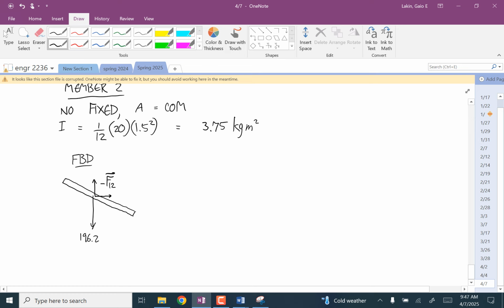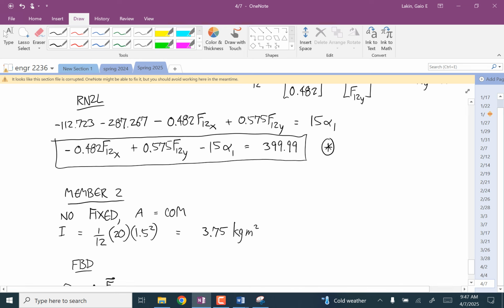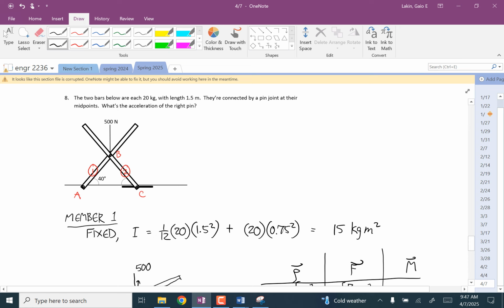What about that 500 Newton force? That doesn't go here. We've already put that in. You would get the exact same answers for everything if you had not put it on member 1 and you do put it on member 2. That works perfectly fine, but we've already used it, so we don't use it again. And then finally, what about at C?